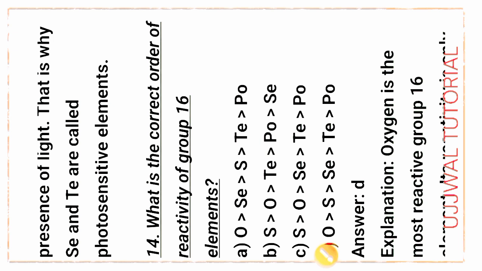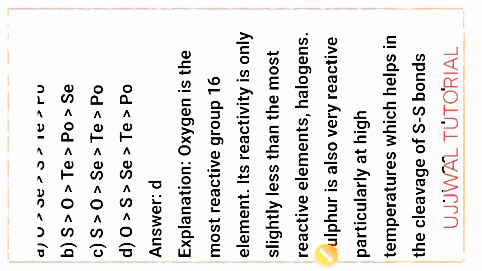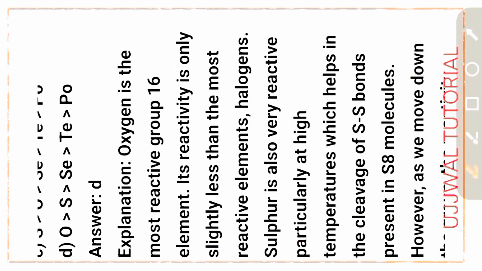What is the correct order of reactivity of group 16? That is option D: oxygen greater than sulfur greater than selenium greater than tellurium greater than polonium. Explanation: oxygen is the most reactive group 16 element. Its reactivity is only slightly less than the most reactive elements, halogens.